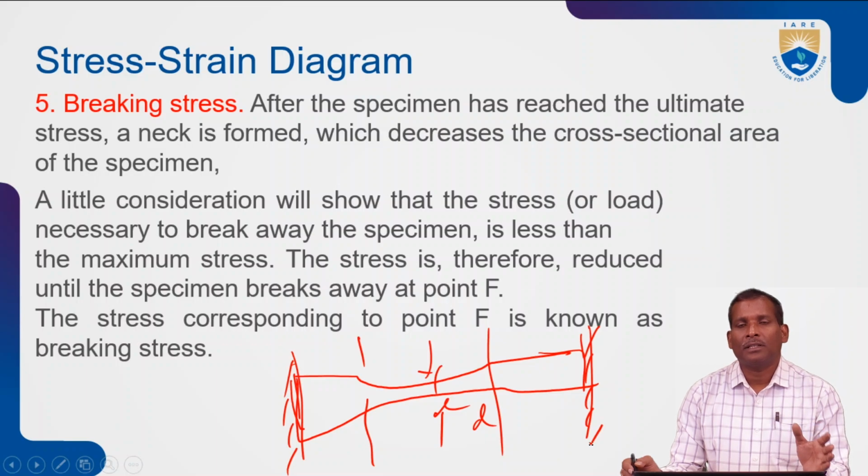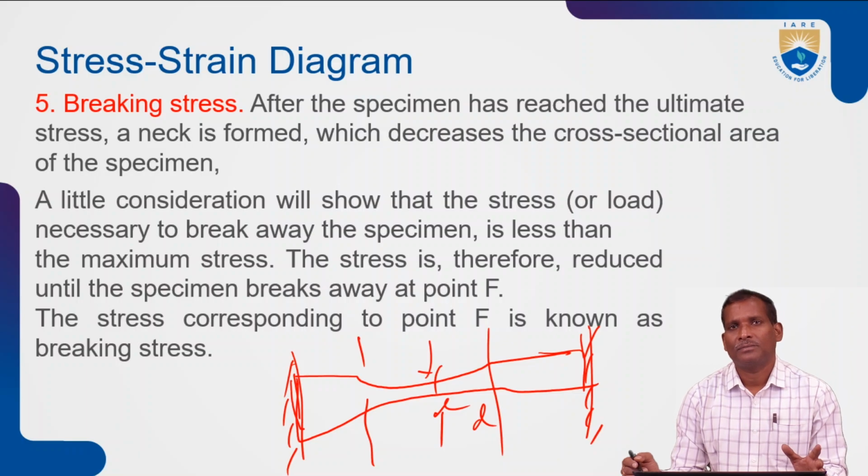A little consideration will show that the stress or load necessary to break the specimen is less than the maximum stress. The stress is therefore reduced until the specimen breaks at point F. The stress corresponding to point F is known as the breaking stress.